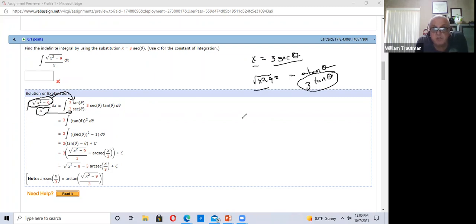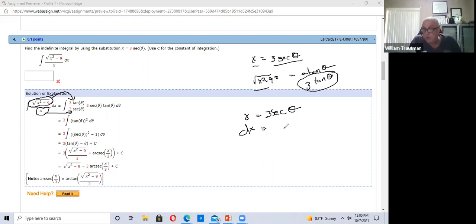The only thing we have to do now, if x equals 3 secant theta, is find dx. And for the derivative of secant theta, you have to go to your formula sheet. Honestly, I don't have it memorized. I'd like to have it in front of me on my formula sheet. Oh, there it is, it's on the floor. Look up the derivative.